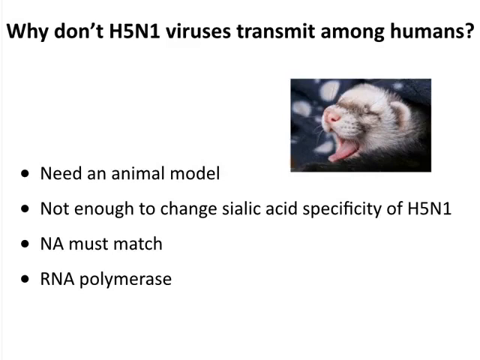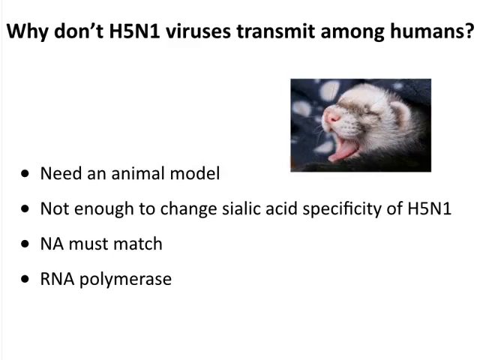Now, as I said earlier, one of the keys here is that these H5N1 viruses don't transmit among humans. And why not? To answer this question, you need an animal model, because obviously you can't do experiments in humans. The model that's been used is the ferret, which is shown up here.